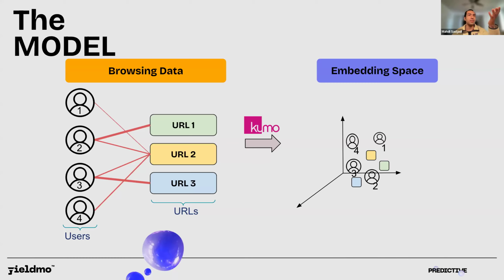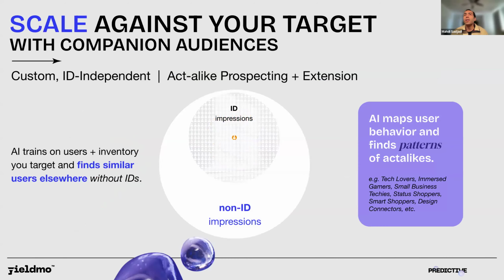So if your graph is based on browsing, the items that are closer to each other are more likely to be seen by the same users. Now, why is this useful in ad tech? One very common problem in ad tech is that clients or advertisers have some generic idea of who their customers are.